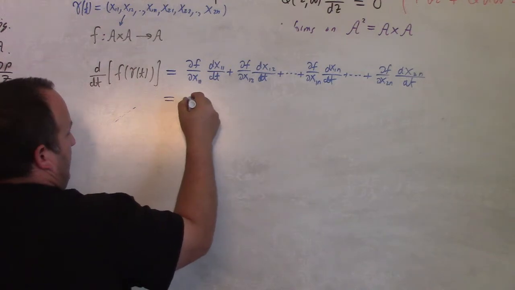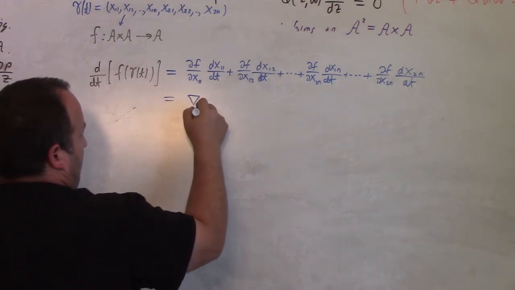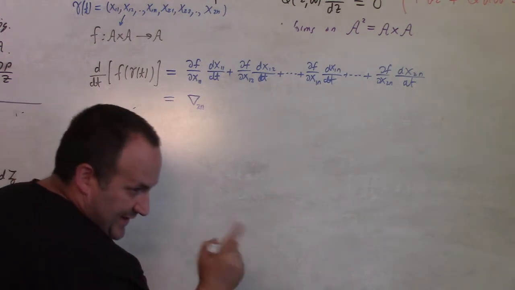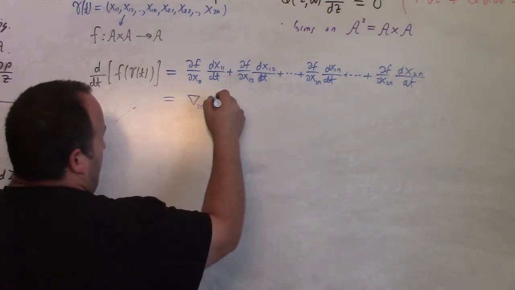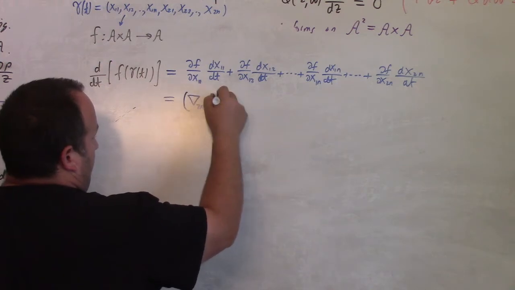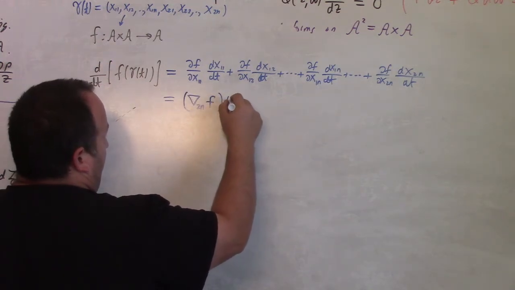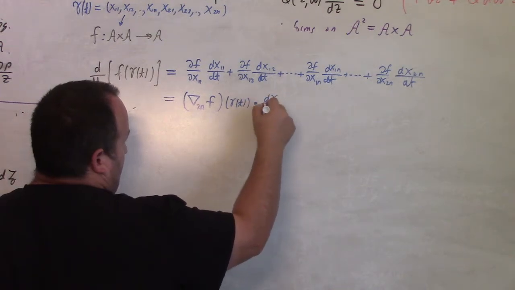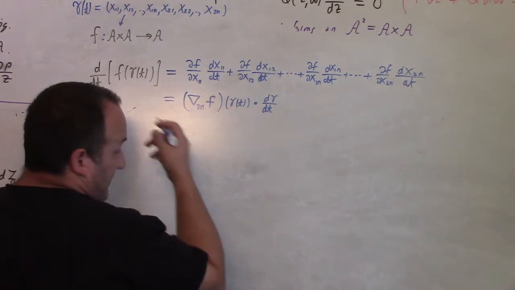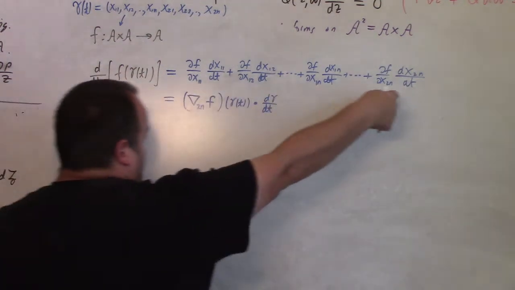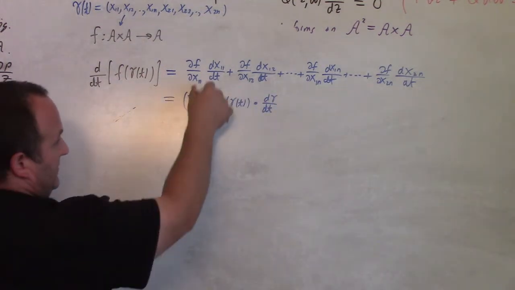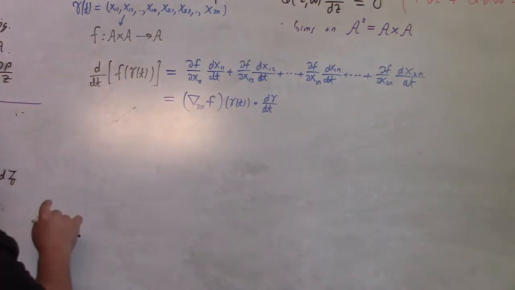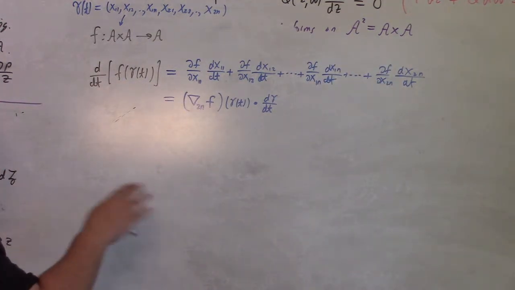You could also express this as the 2n-dimensional gradient of f, evaluated at gamma of t, dot product with d gamma dt. I'll put a 2n here because I'm using that symbol in a different sense. This is a dot product of 2n-dimensional vectors. Technically, every one of these is evaluated at gamma of t. That's just the chain rule.